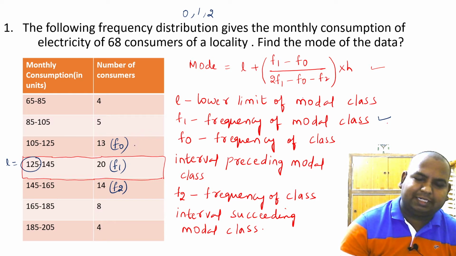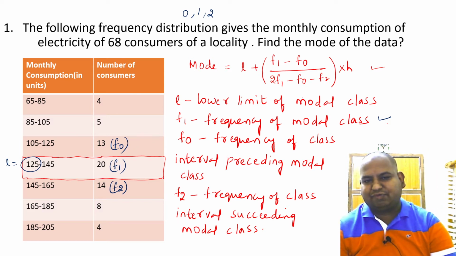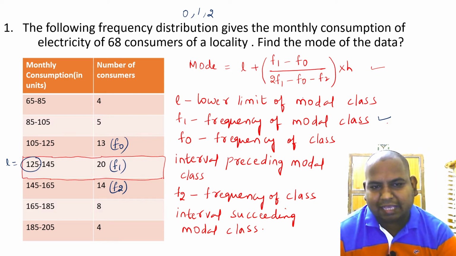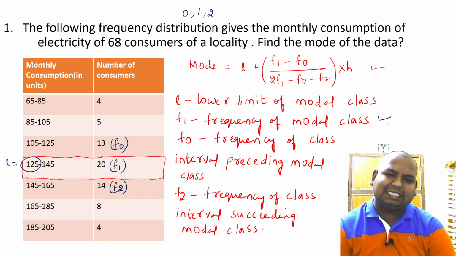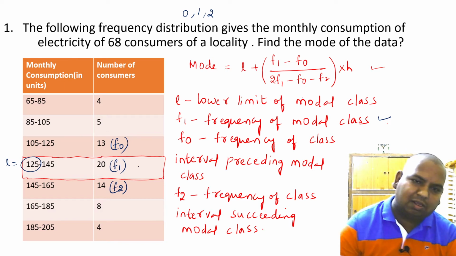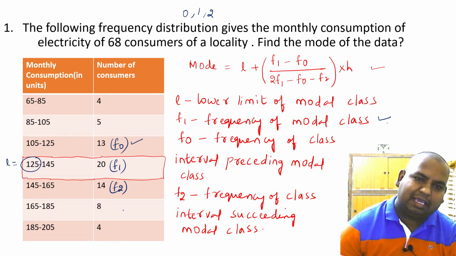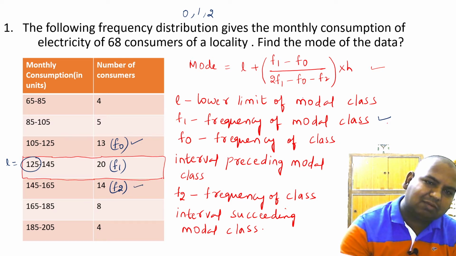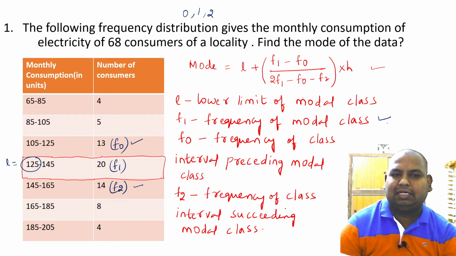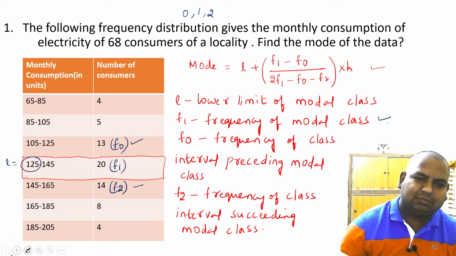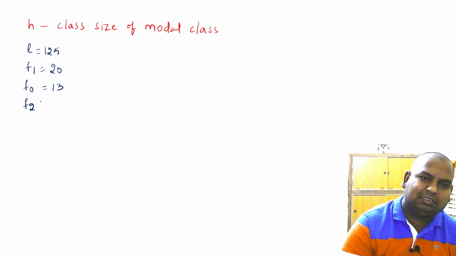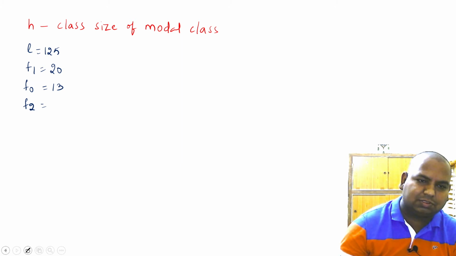I am repeating once again. F1 is the frequency of the middle class. F0 is the frequency of the class interval before the middle class. F2 is the frequency of the class interval after the middle class. Got it? By the way, F2 was 14.